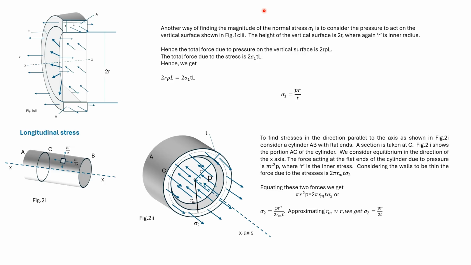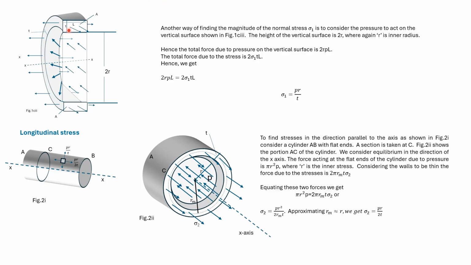We now find the circumferential or hoop stress in a different way. Here we have the projected vertical surface of the semicircular portion. Let us consider that the pressure P acts on this vertical surface. Here the height is 2r and the breadth is L. So the total area is 2 r L and the total force acting due to pressure is 2 r P into L. The hoop stress sigma 1 acts on these two portions.